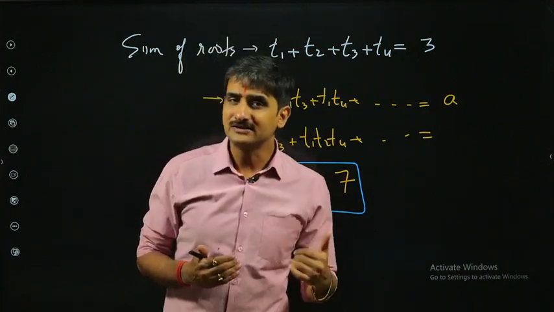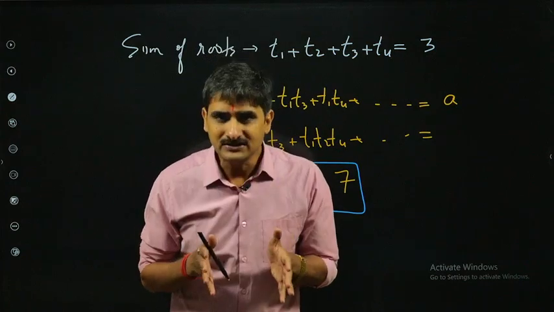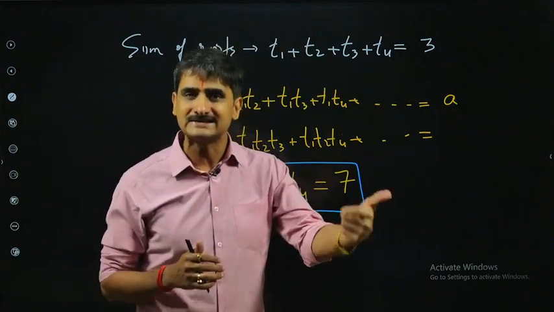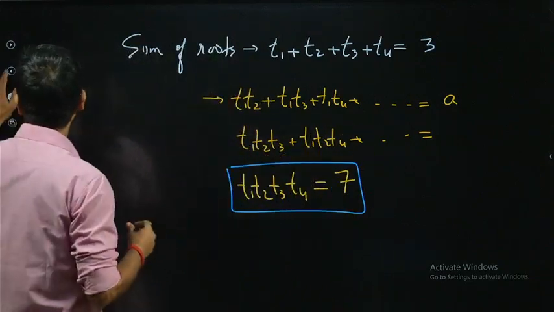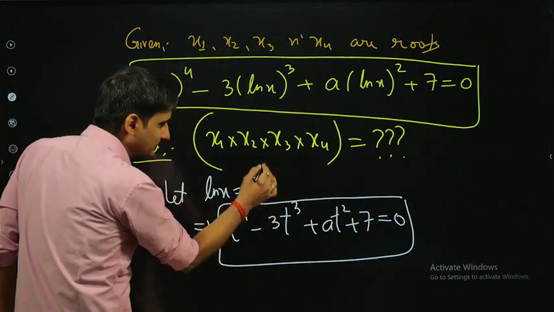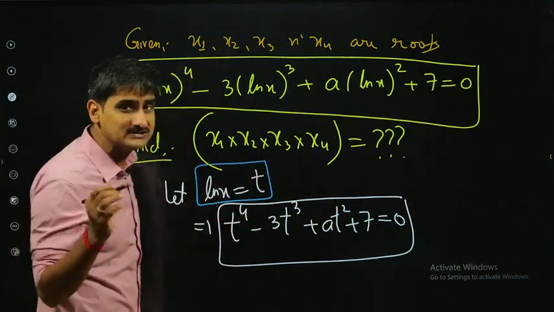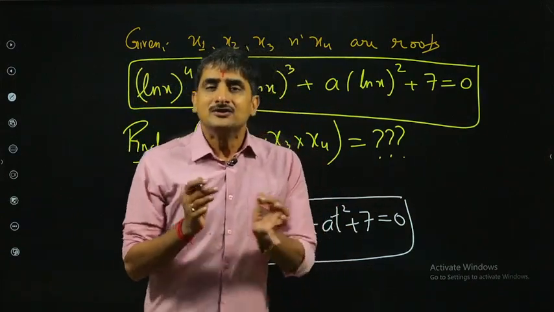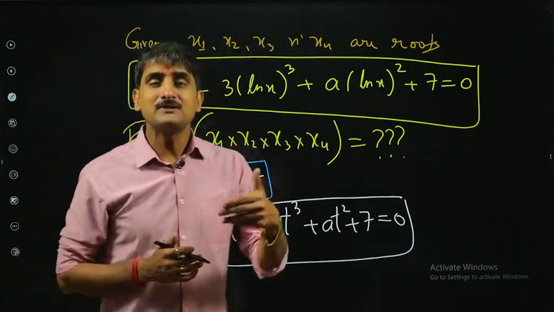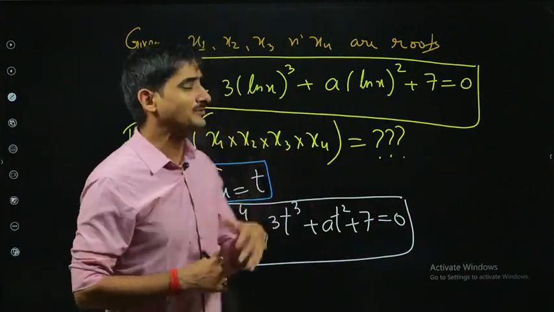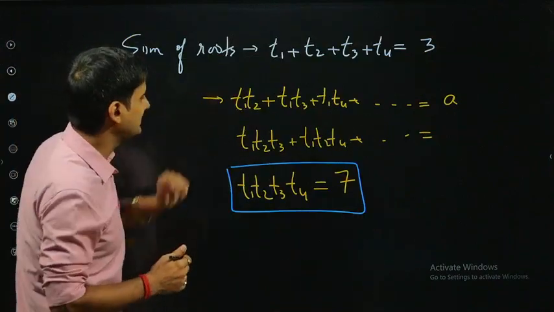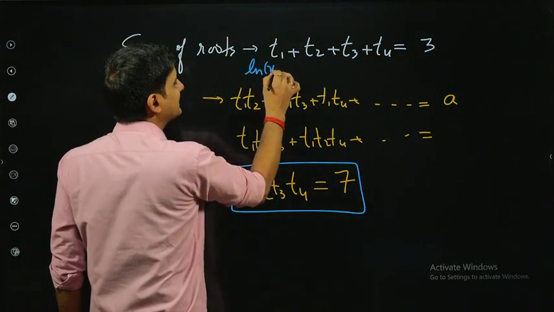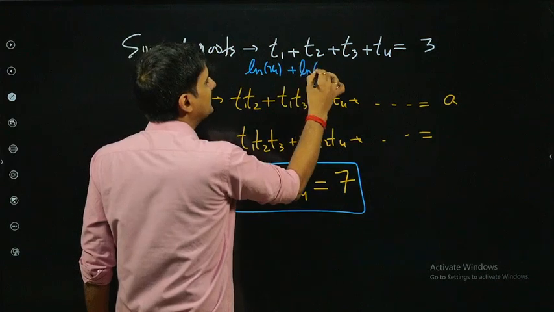But using these relations, can we write the direct relations on x? Answer is no. Why? Because we got a polynomial in terms of t, and t is not just a normal variable x, it is ln of x. So t1 is not x1, but ln of x1, ln of x2.